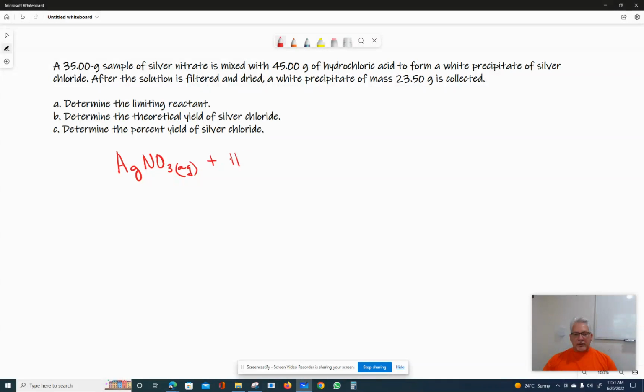The formula for hydrochloric acid is this one in solution, and they produce a precipitate of silver chloride, and the precipitate of silver chloride will be this one in a solid state because it's a precipitate.